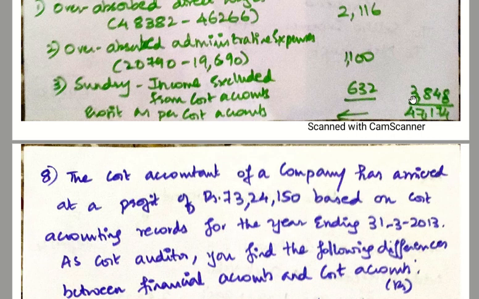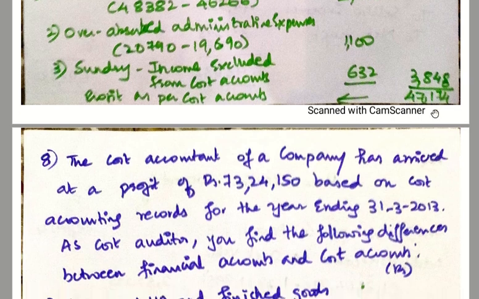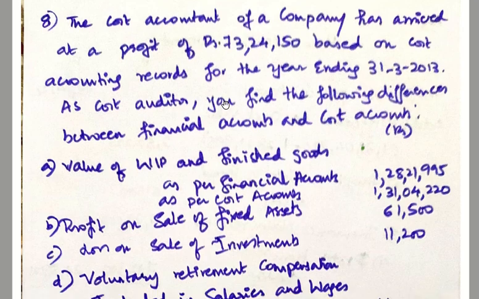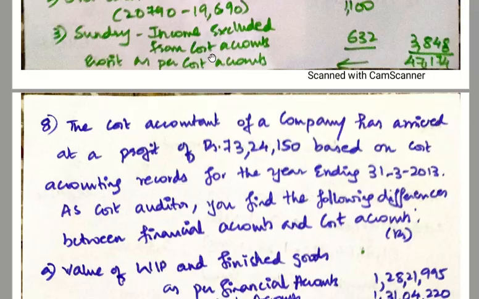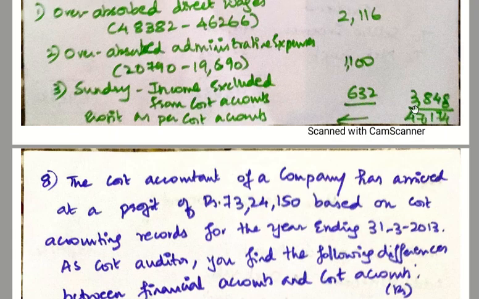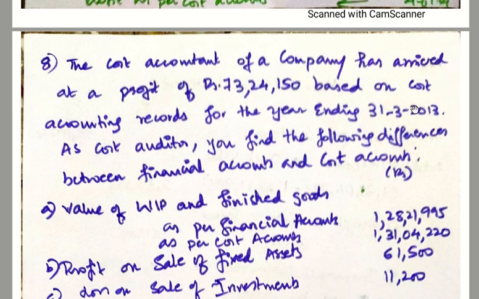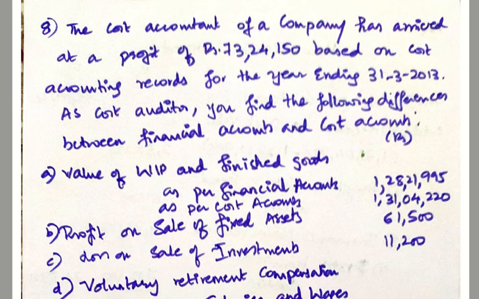So when we minus all the expenses, we get 47,174, which is profit as per cost accounts. So we are getting the profit as per cost account, which is 47,174. So moving on to the next question.